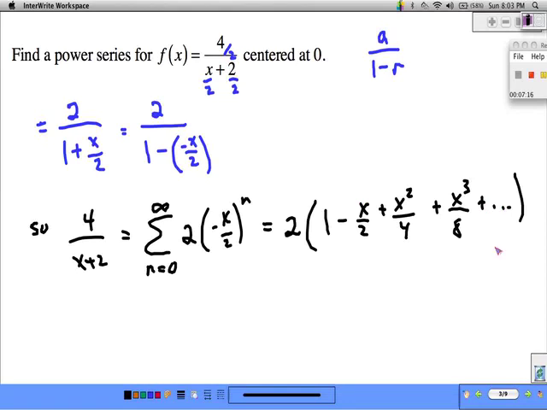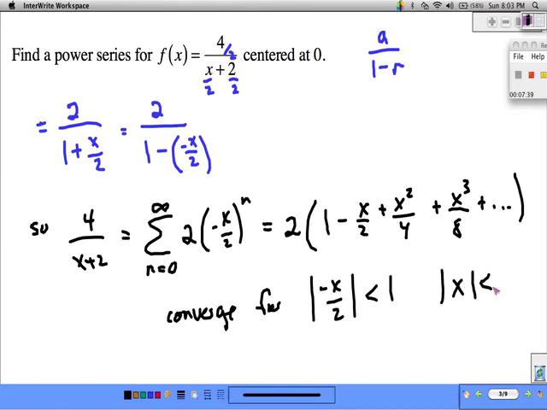And this will converge for negative x over 2 being less than 1 in absolute value. In other words, the absolute value of x less than 2, so the interval of convergence is -2 to 2.